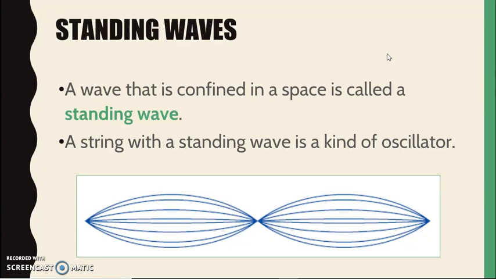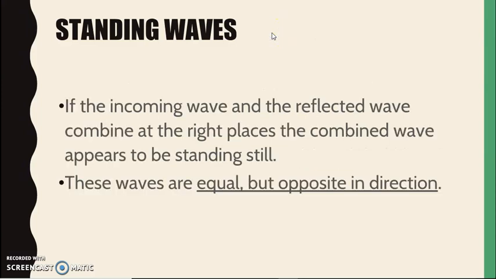So when I pluck a guitar string, it creates a standing wave. And it's kind of an oscillator because when you pluck that string and create that wave, it moves back and forth. The guitar string actually moves back and forth, right? So, if you have a guitar string that's moving back and forth, it's creating multiple waves.